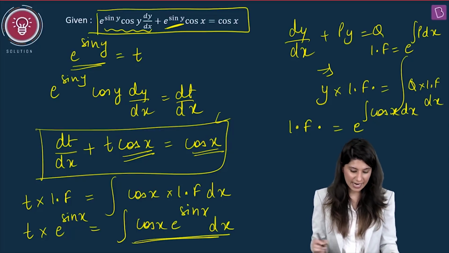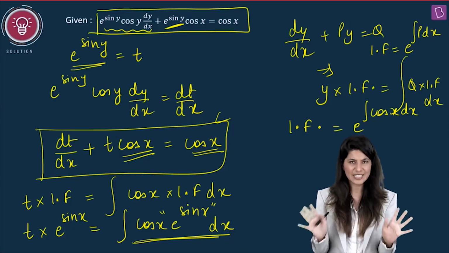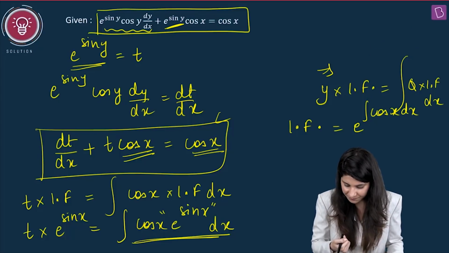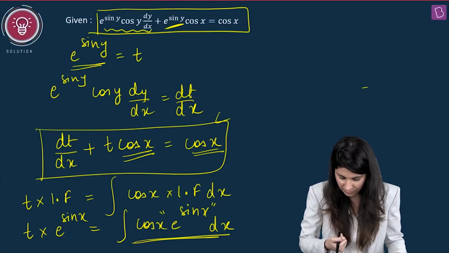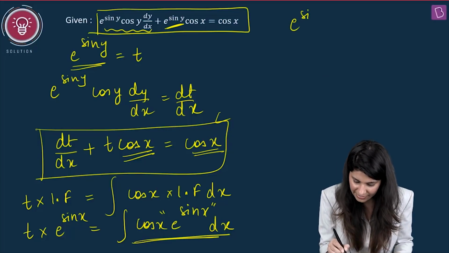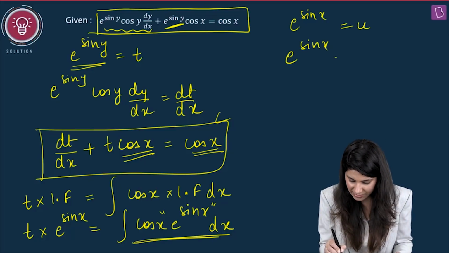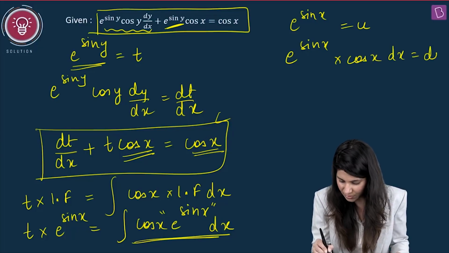How to do that? I'll put e raised to power sin x as t, right? Or let's not put t, let's put it u. So let's delete this for now. Yes, e raised to power sin x is u. Then e raised to power sin x multiplied by cos x dx would be what? du.